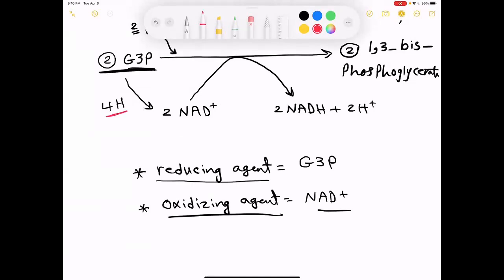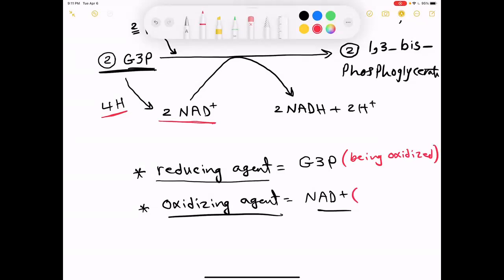So it is becoming oxidized, but it is reducing the NAD plus, because those hydrogen are being used to reduce NAD plus. So that's why it is a reducing agent. But it is getting oxidized. So glyceraldehyde 3-phosphate, one more time, is being oxidized. And the same thing here, but the other way around.